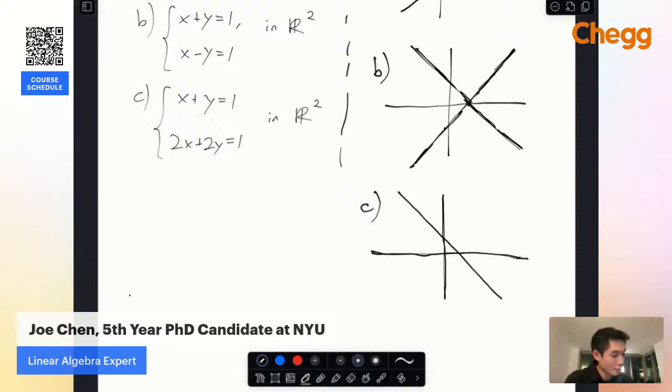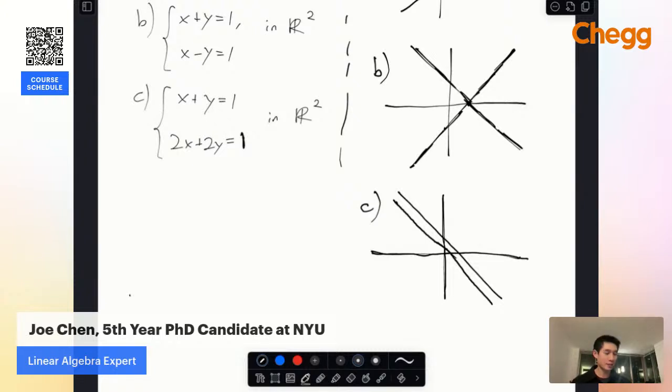And then if we look at the second line, 2x plus 2y equals 1, we would end up getting a parallel line. We can divide by 2 to make it easier to visualize, and we would get a second line that's parallel to the first line.